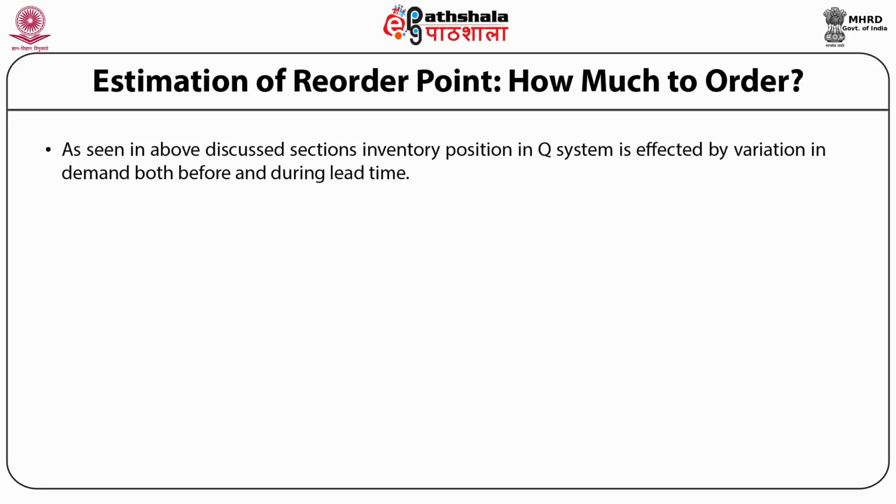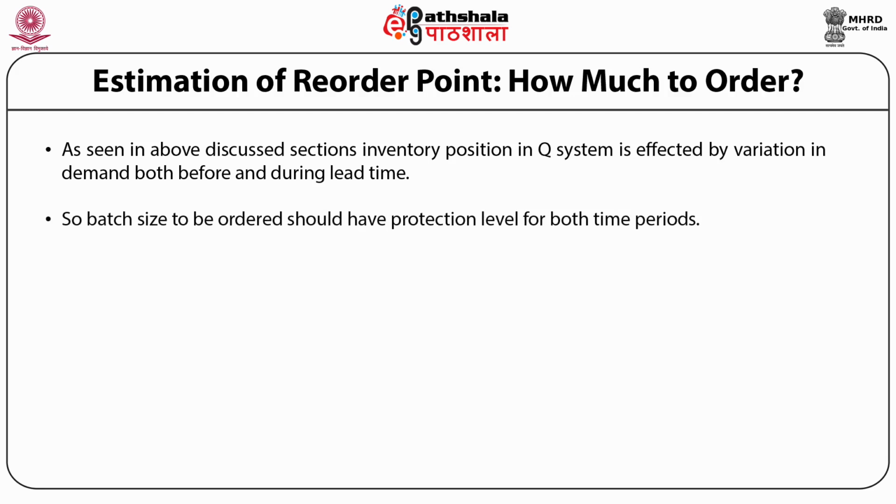As seen in the above discussed sections, inventory position in the Q system is affected by variation in demand both before and during lead time. So, the batch size to be ordered should have protection level for both time periods. In case of the P system, protection level was determined only for the demand variation during lead time.